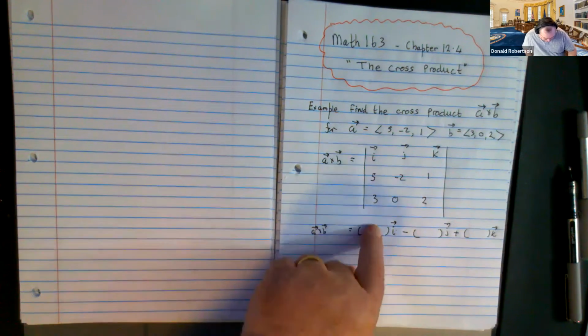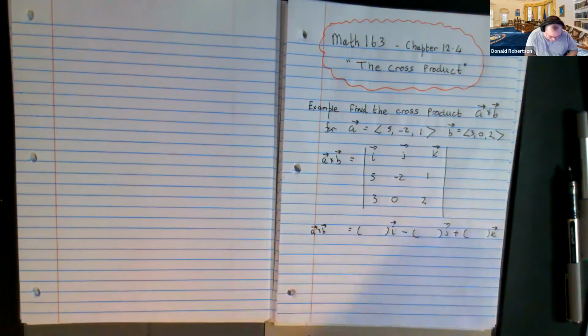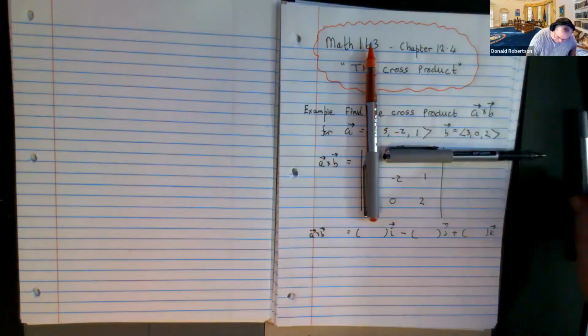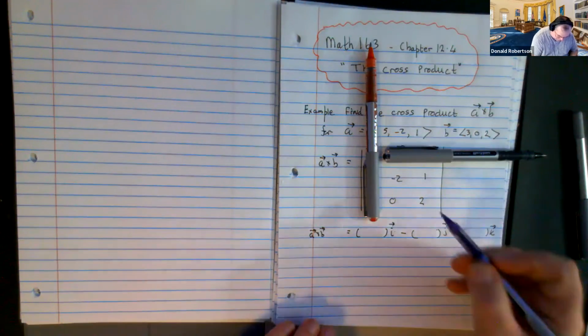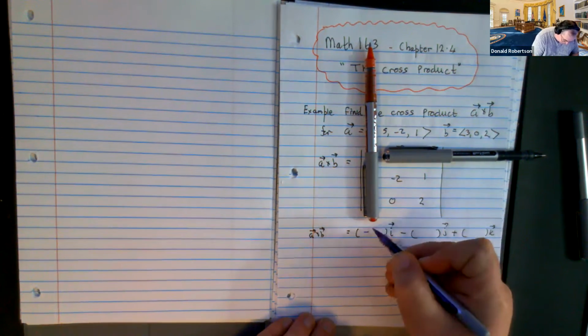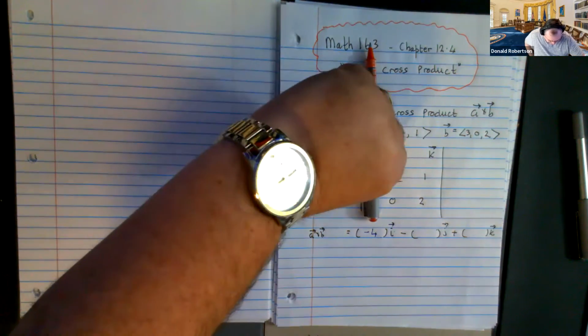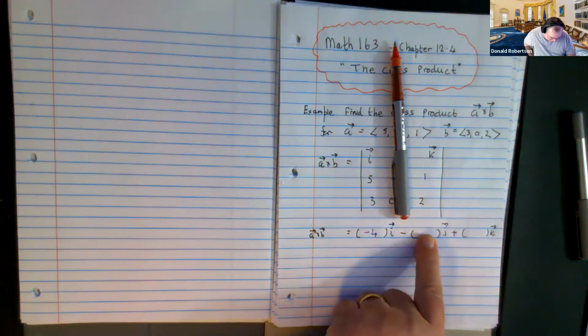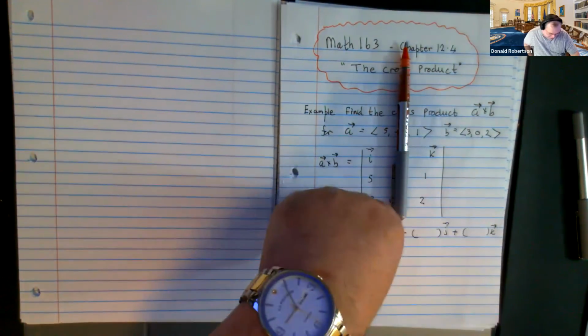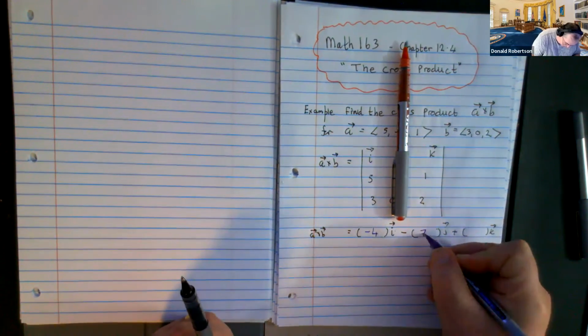For the number of i's, you cover up the column that has the i in it, and there's a little 2x2 matrix left. Essentially what you do is major diagonal, take away minor. So -4 take away nothing is -4. If you want the j component, cover up the j column, and you've got a 2x2 matrix again. Its determinant is major diagonal 10, take away minor diagonal 3, so 10 take away 3 is 7.